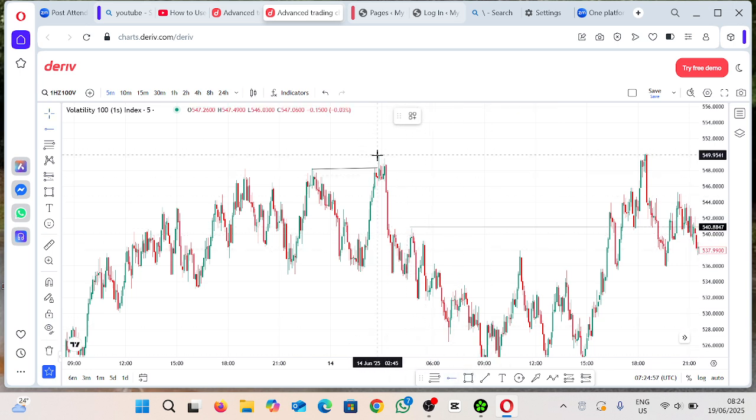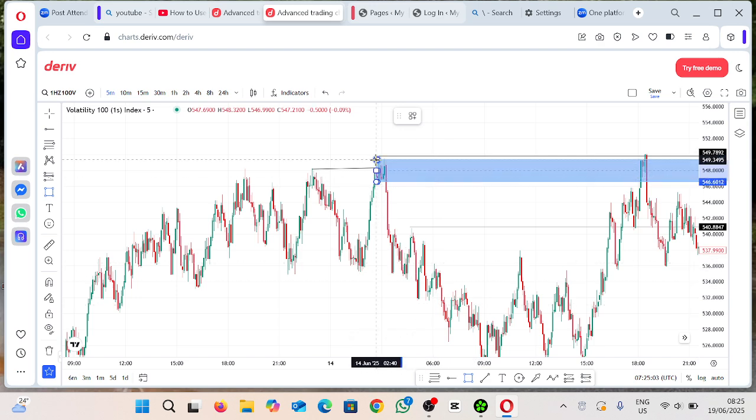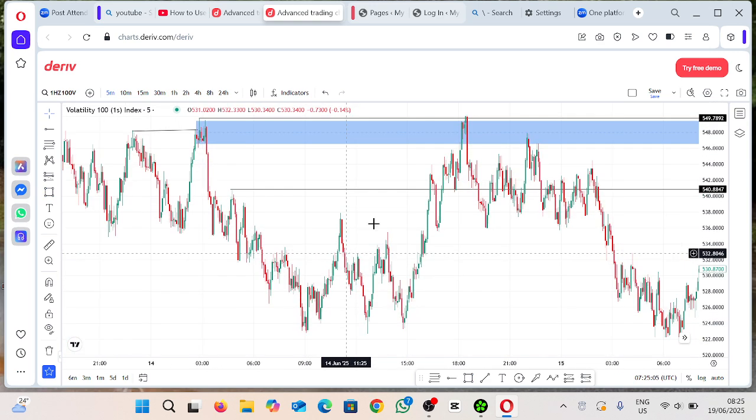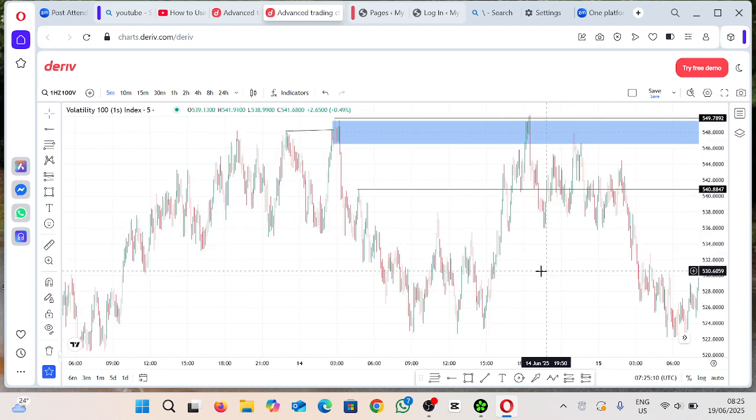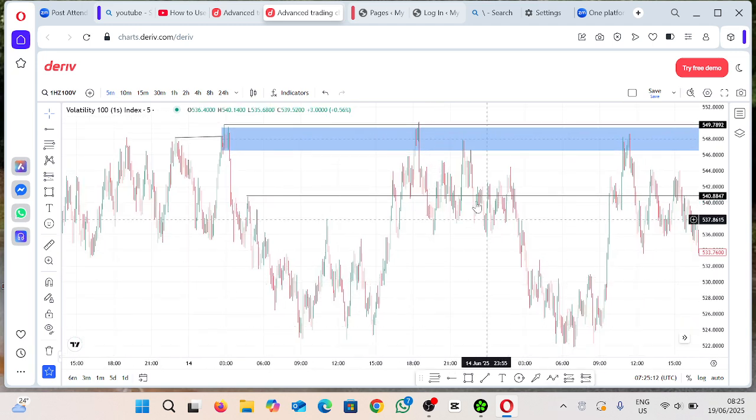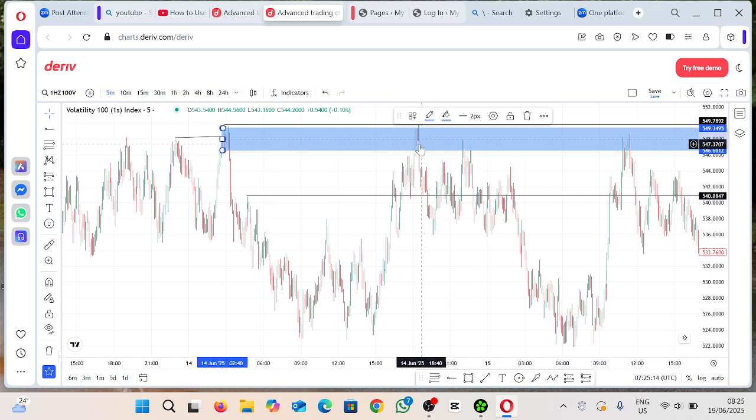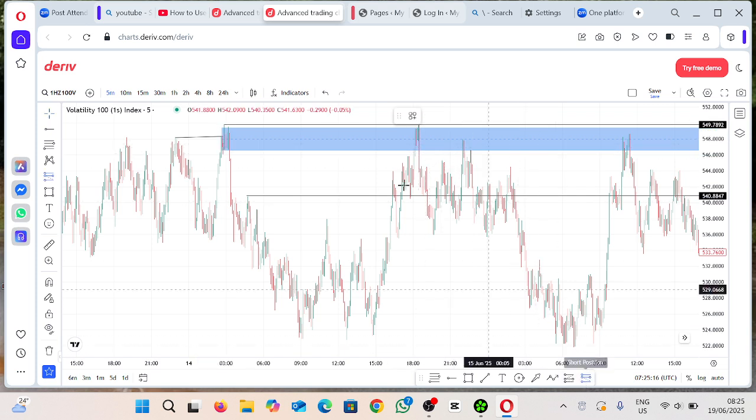This is the protected high right here, and this is your valid supply candle. And what does the price do? Let's come here, it gives your confirmation. This is a clear confirmation here, and it sold to TP, which is your target. Okay, price sold to your target.